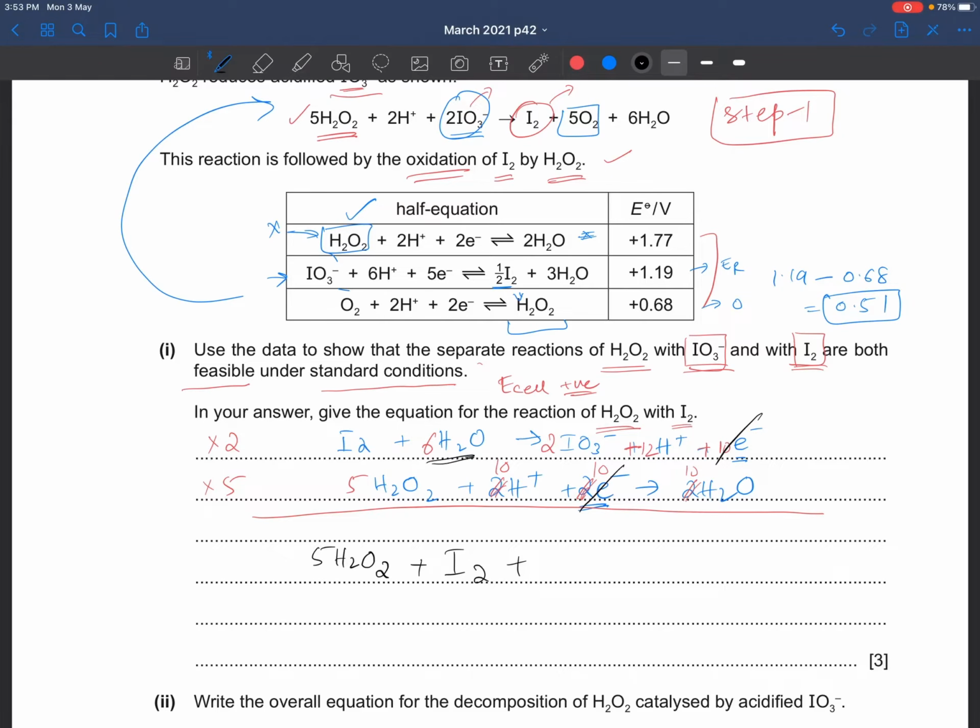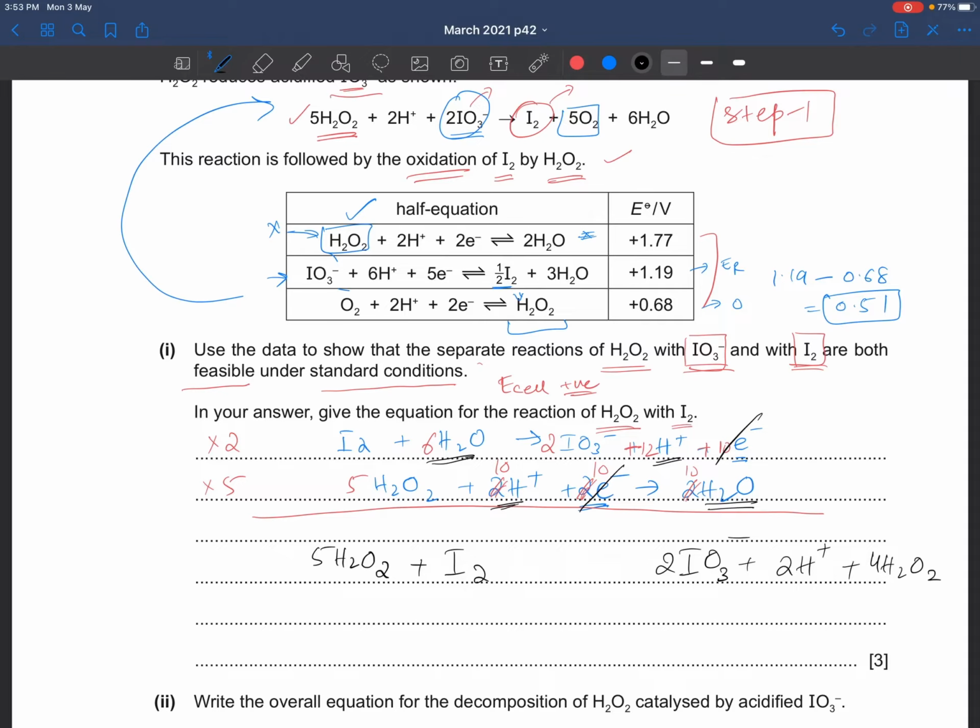6H2O2 on the reactant side, 10H2O2 on the product side. So we are left with 4H2O2 on the product side. Plus we have 10H plus on the reactant side and 12H plus on the product side, so we are left with 2H plus on the product side, and 2IO3 minus, nothing else.